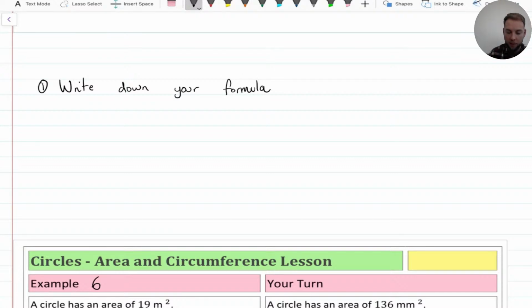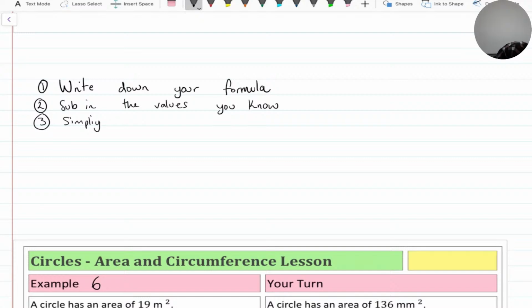Number 2 is you sub in the values you know. The third part is to simplify. And then the last part is to solve working backwards. We did that yesterday when we were looking at the quadrilaterals and the triangles.